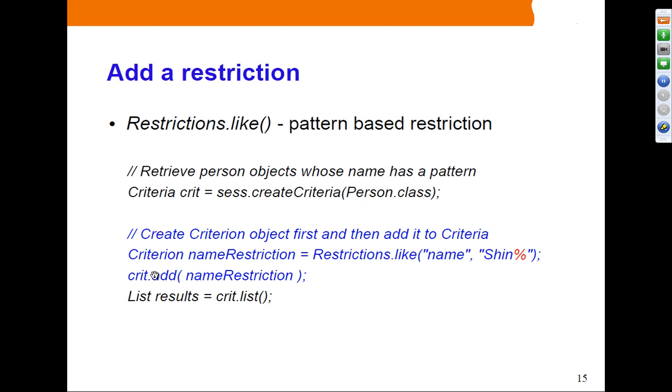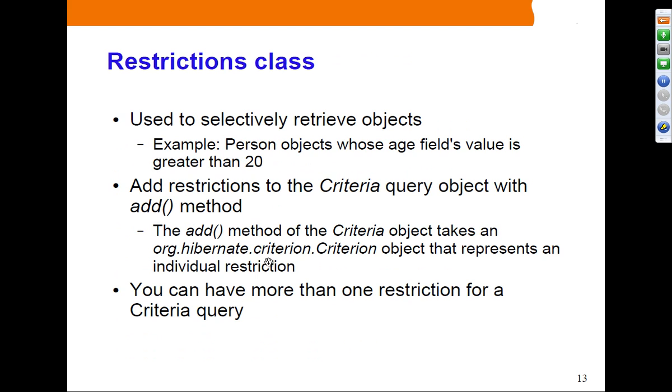Then you are going to add this restriction, which is a criterion object, using the add method. When you perform list, it will use this restriction. So these restrictions will be used to create the where clause underneath. If I go back to this, basically you use the add method of the criteria object, and it takes the criterion object representing the restriction.